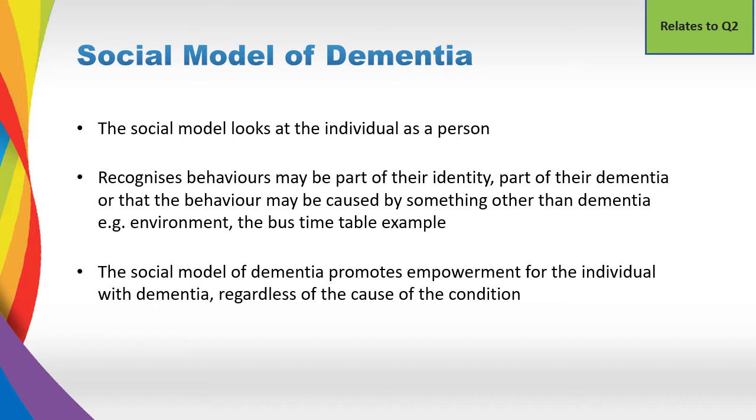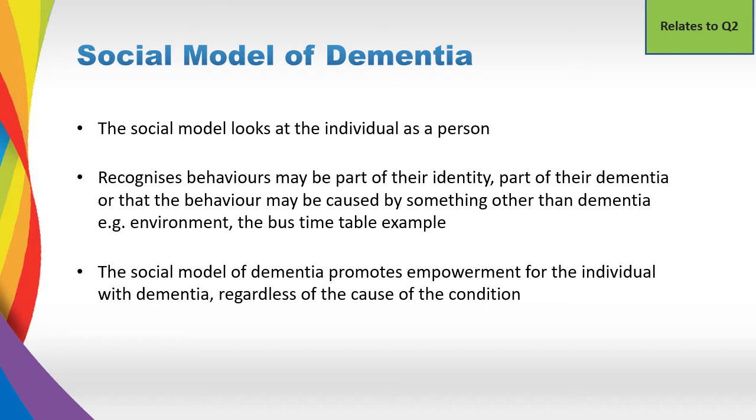So think back to the medical model where I told you about the lady who said that she wasn't able to have children. This was part of her identity because she wasn't able to have children, but also caused by the fact that she was asked a question about it, so the behaviour was reflected on that. And the social model recognises that, whereas the medical model doesn't.